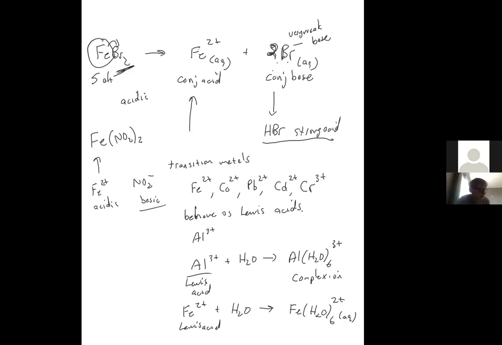So most of the problems we look at, either neither are acidic or basic. So that's not acidic, that's not basic. So overall, it's neutral. Or sodium is not acidic, but nitrite is basic, so it's basic.